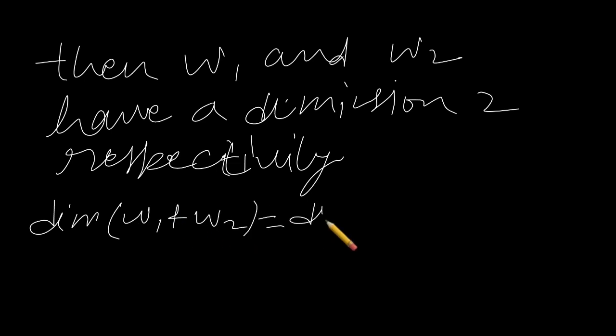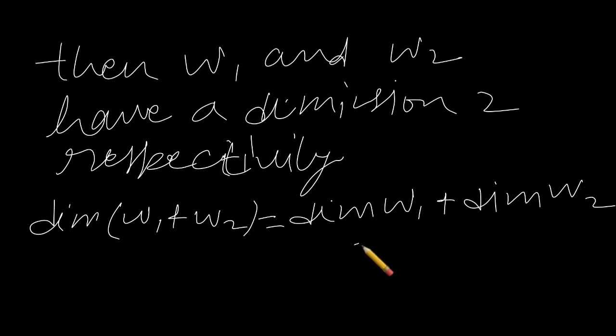Now we find the dimension of W1 intersection W2, because the dimension of W1 plus W2 equals the dimension of W1 plus the dimension of W2 minus the dimension of W1 intersection W2.